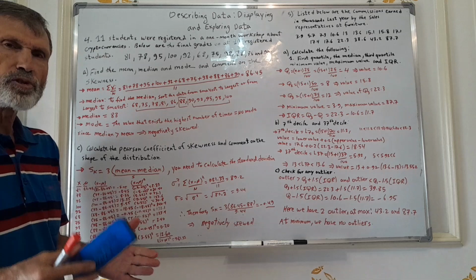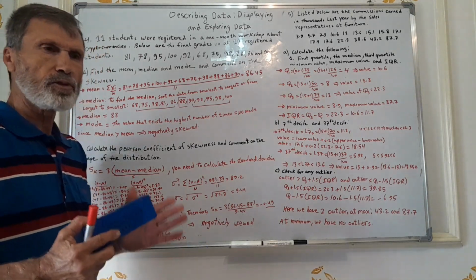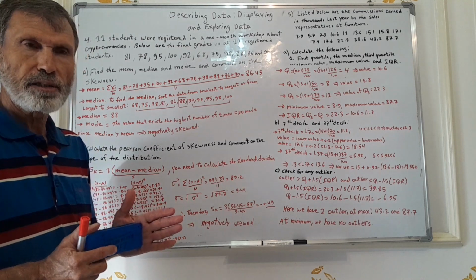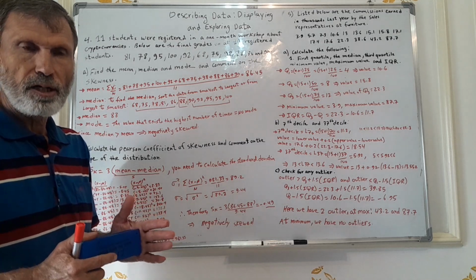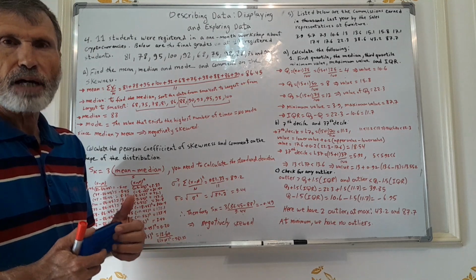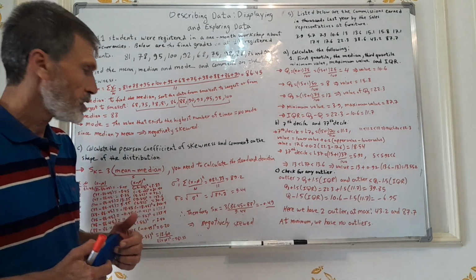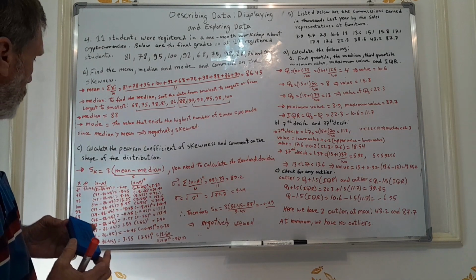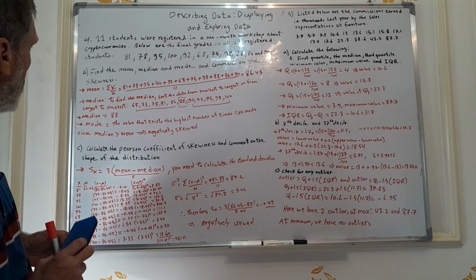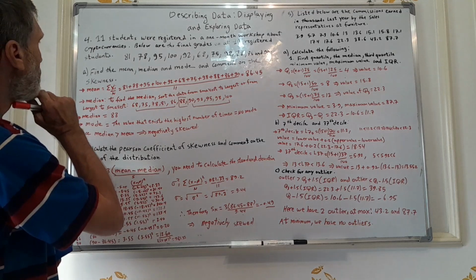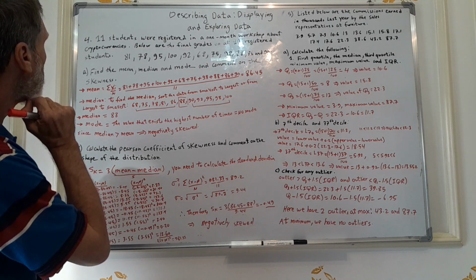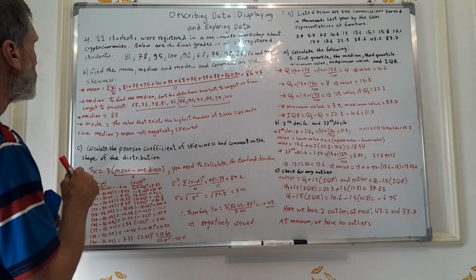It's better to use the symbols we learned. For the population, as far as the variance is concerned, we use sigma squared, and for the sample we use s squared. The mean for the population we use mu, and the mean for the sample we use x bar. So here we changed these just to make sure it's correct.